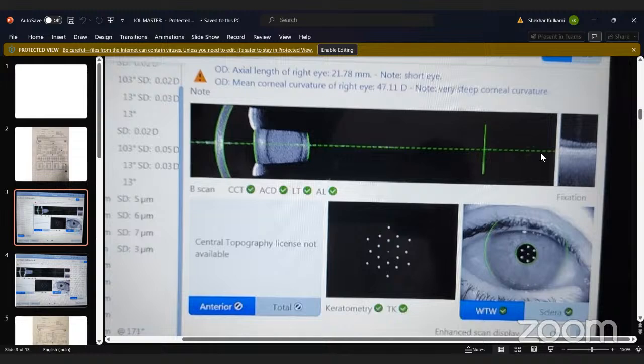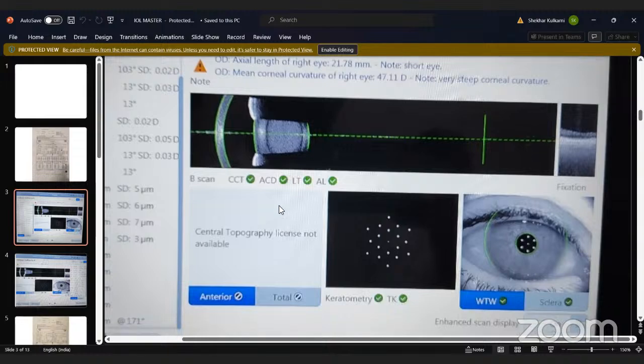And why is contact biometry different? Because there is indentation of the cornea during contact biometry. So that's why the axial length measurement can differ. So the optical biometer has its advantages. You can detect whether your biometry is correct or not with the formulas here.